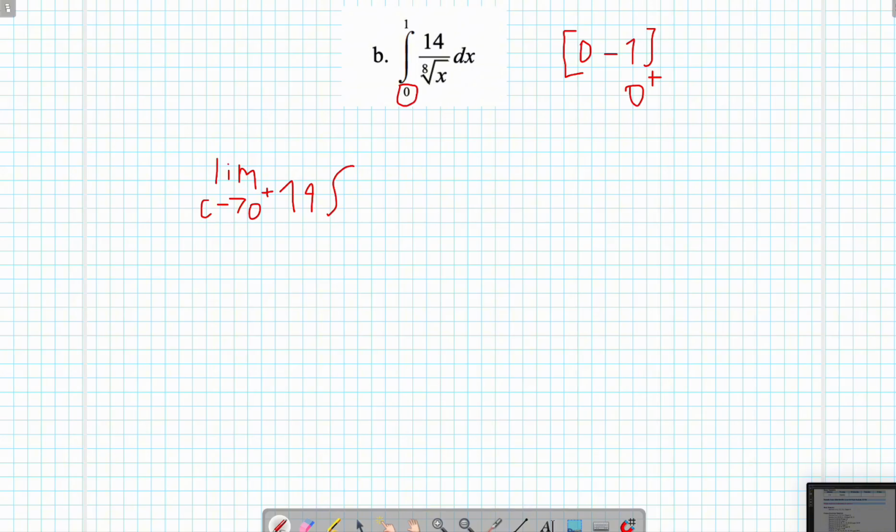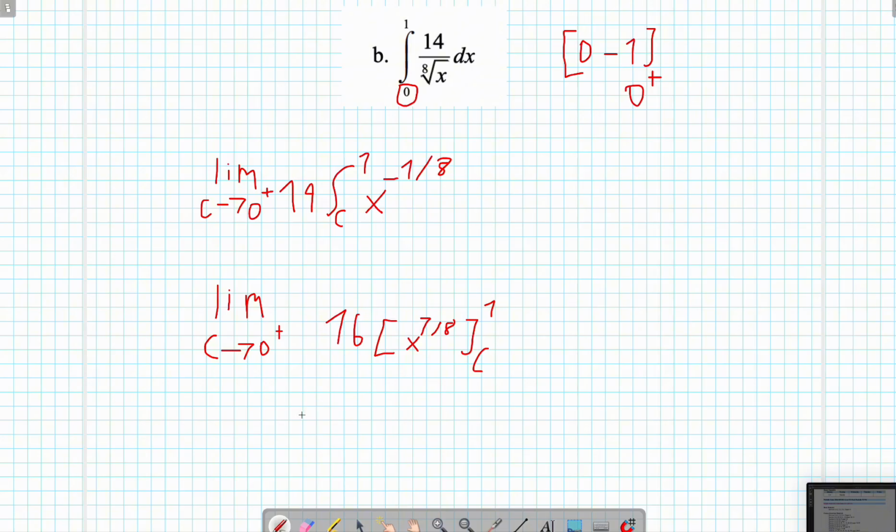14 times the integral from c to 1 of x to the negative 1 over 8. Then again, same thing, limit as c goes to 0 plus, you integrate. You get 14 times 8 over 7, which is 16, into 8 x to the 7 over 8 from 1 to c.